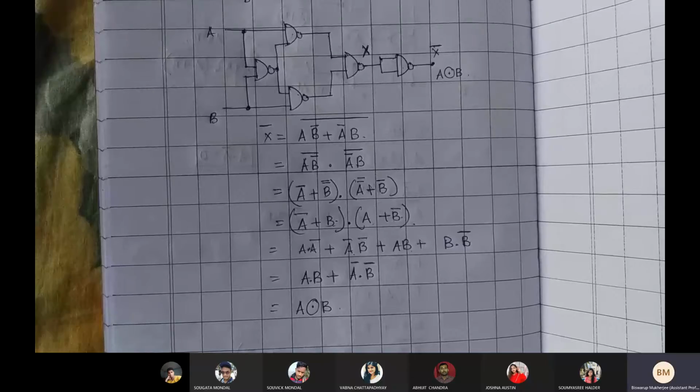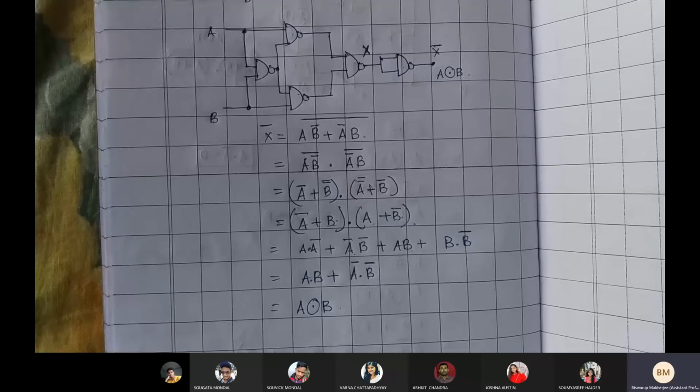Make sure that whenever you are using NOR instead of NAND, the factor is just opposite.